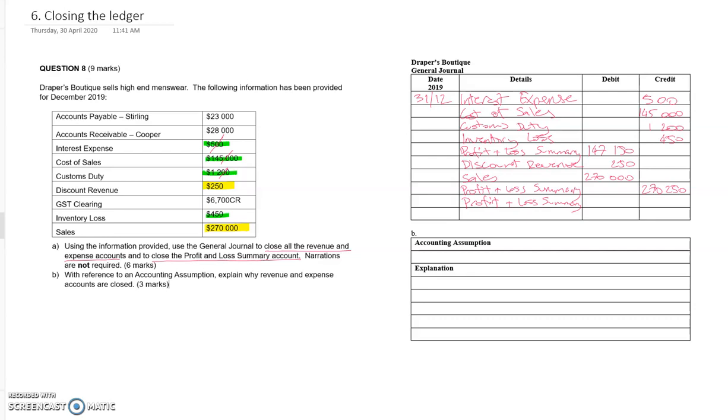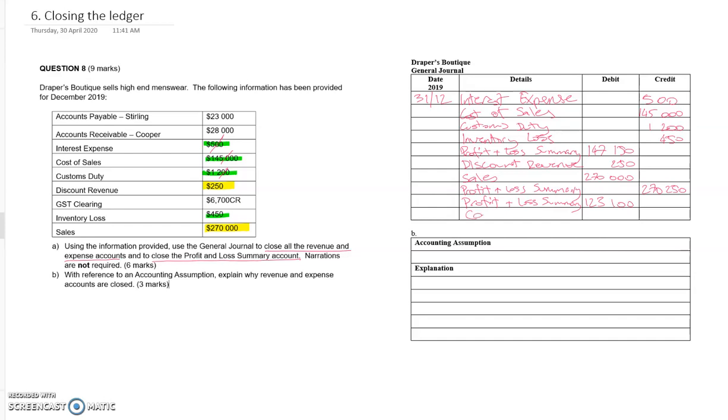We've got 270,250 minus 147,150. So we've got 123,100.